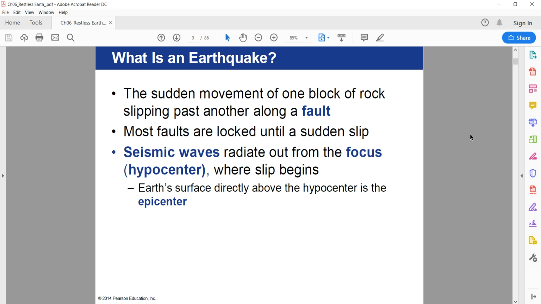The definition of earthquake is the sudden movement of one block of rock slipping past another along a fault line. So this is how we define earthquake, which means there is a sudden movement of one block of rock slipping past another along a fault line.